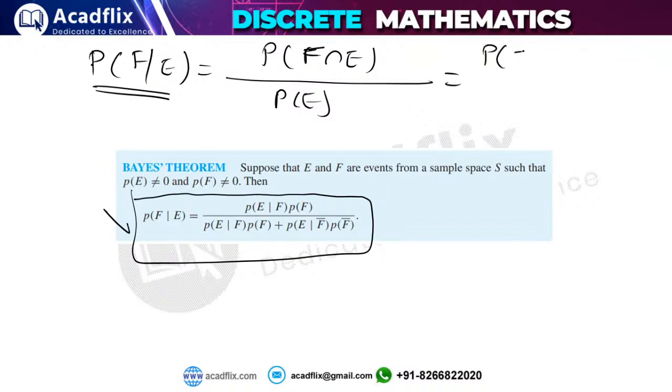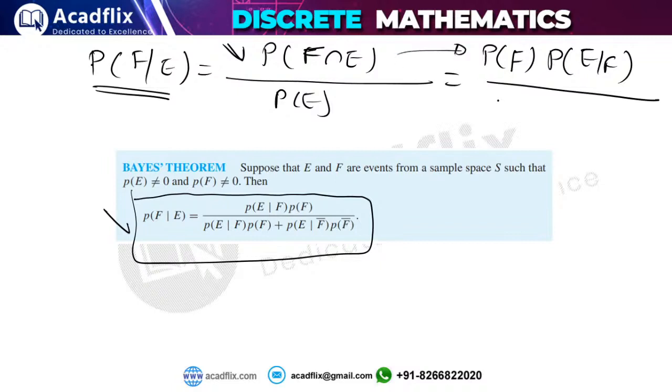I can write it like this: probability of F multiplied by probability of E given F. This also comes from the conditional probability formula, so you can very easily find this.